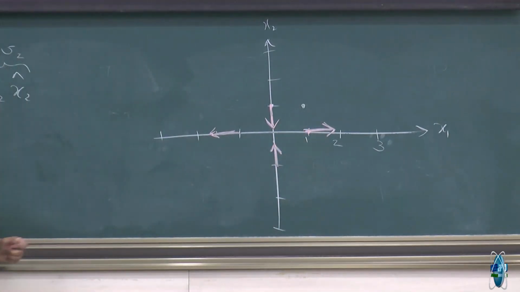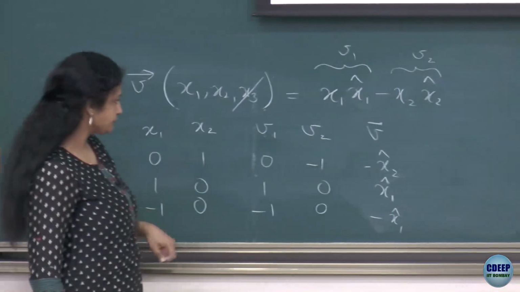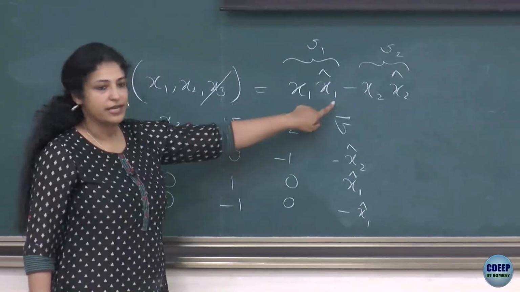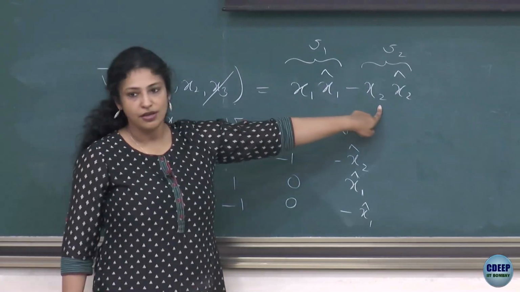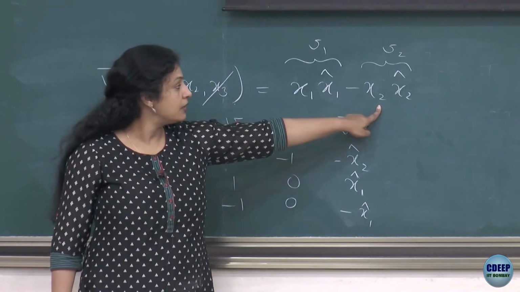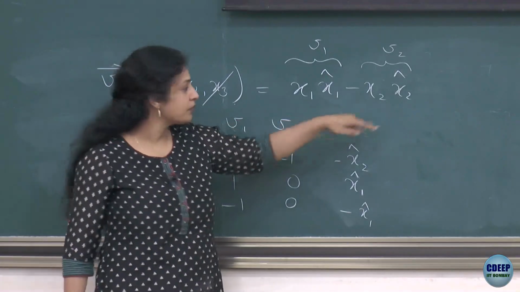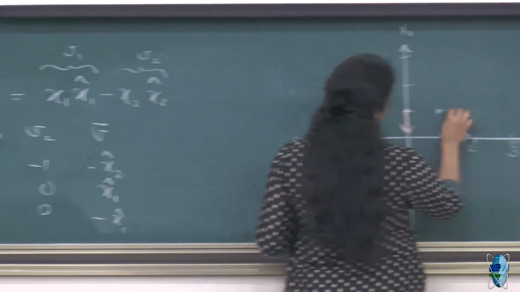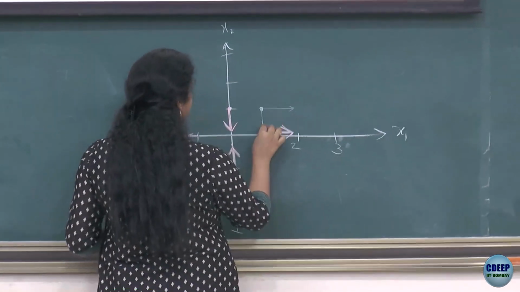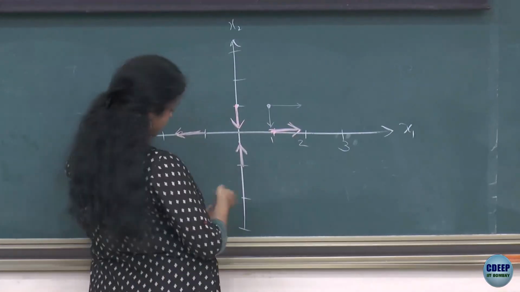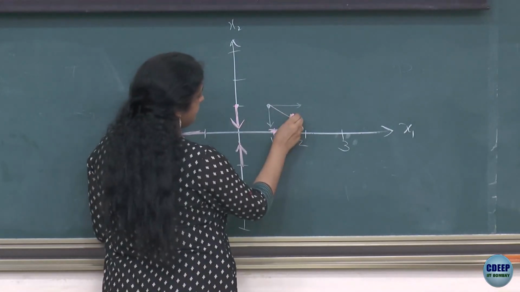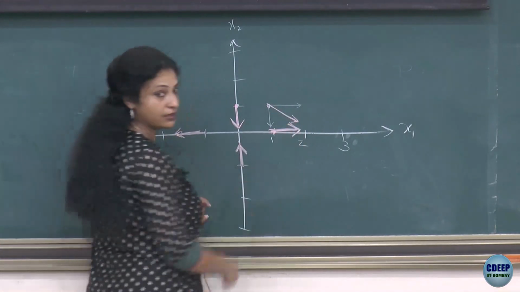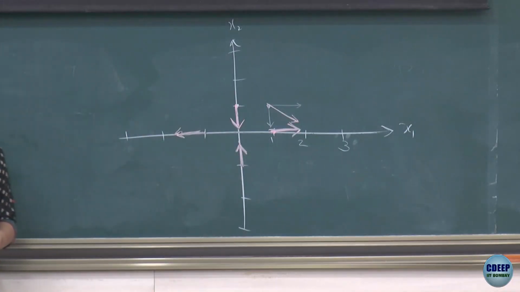Let's say 1, 1. 1, 1 would give us 1 x1 hat and minus x2 hat, right. So one component in the positive direction and one component in the negative direction. So the net velocity component is going to be like this. Right. Are there any questions?